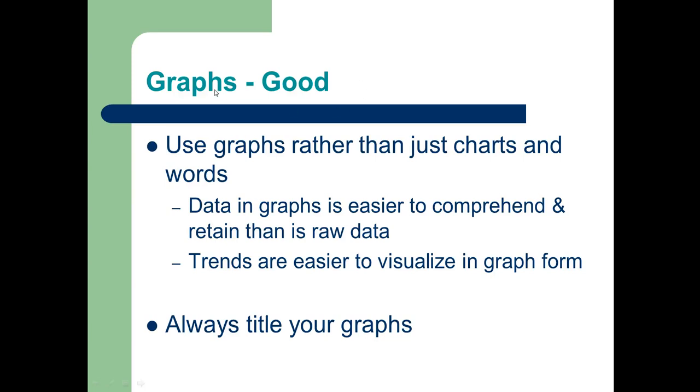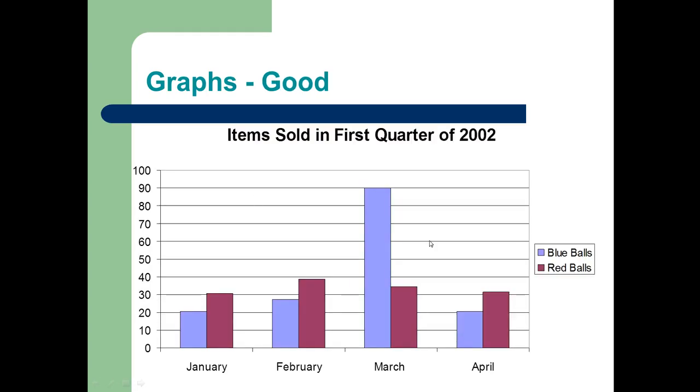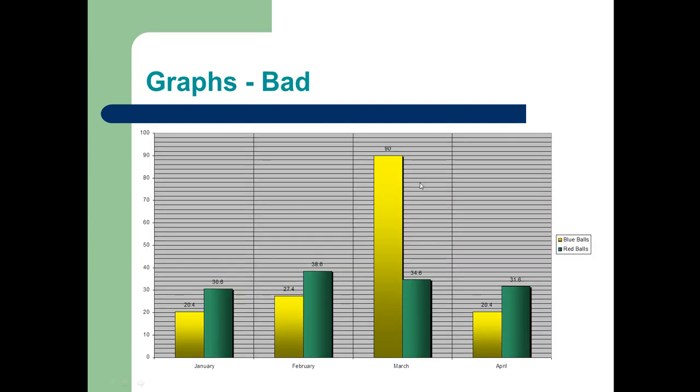And for the graphs, if you have so many numbers, make them into a graph like this, which has a logical explanation to it. Here we're talking about the blue balls, red balls, and how much they were produced. Very well. So we have an easy way to look at it. If your graph is too complicated, the colors do not make sense, and the numbers you write are too small, again, the graph is not helpful to you.